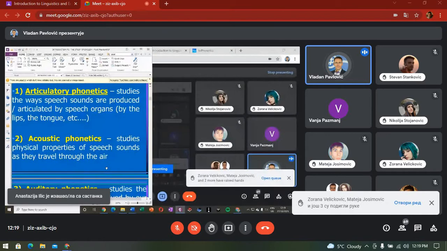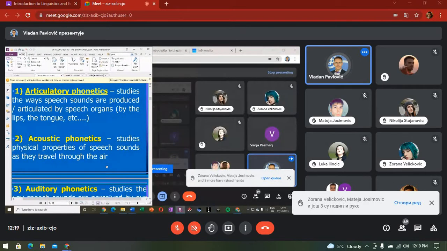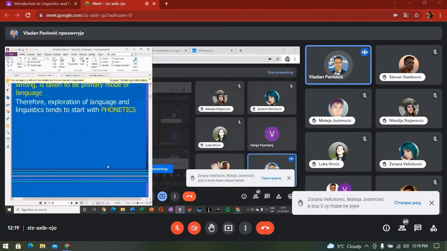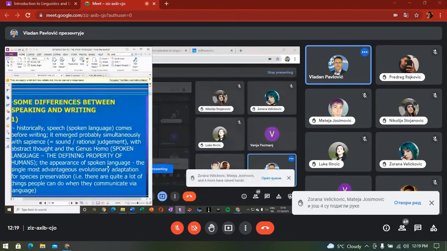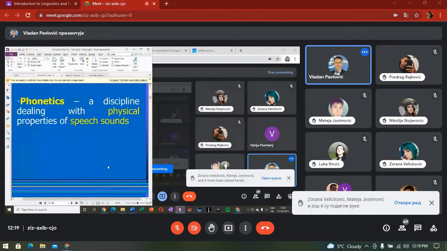And mind you, phonology, which we'll study the following 2 weeks, also deals with speech sounds. So what is it then that phonetics deals with, which will become clearer once we have covered phonology as well? Which aspect of speech sounds does phonetics deal with? It's all here in the slide. Yes, here it is.